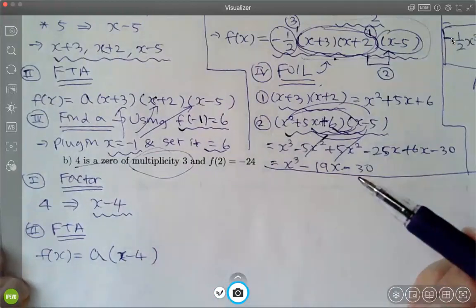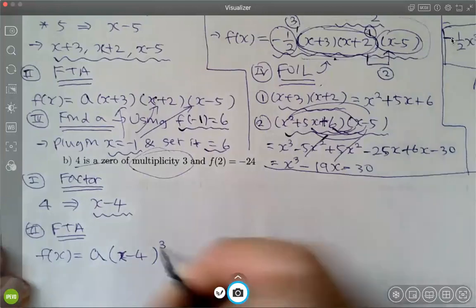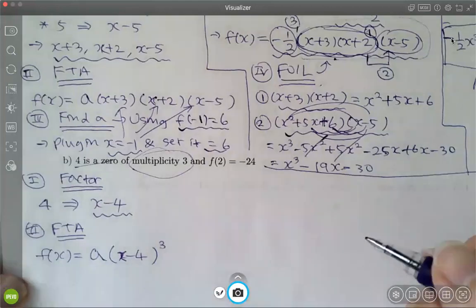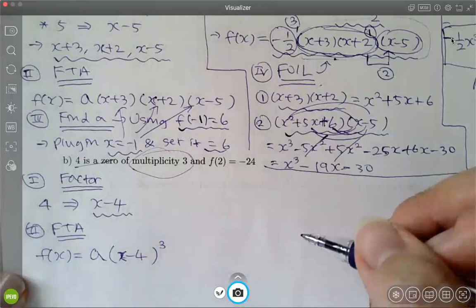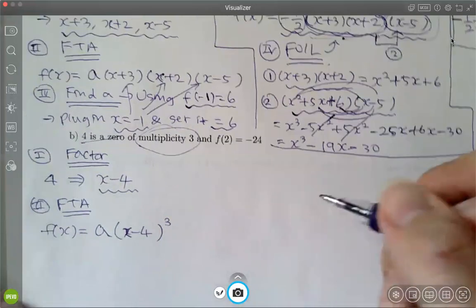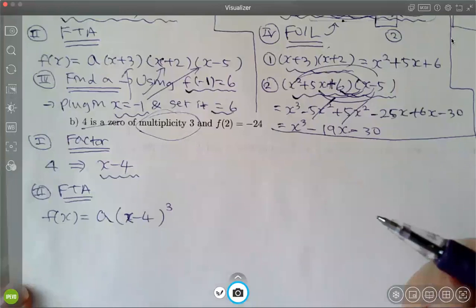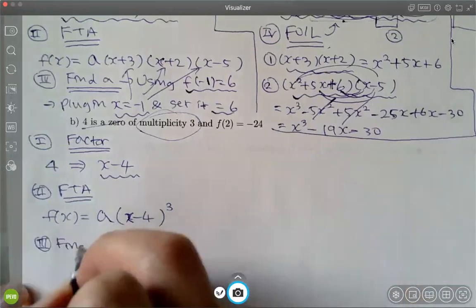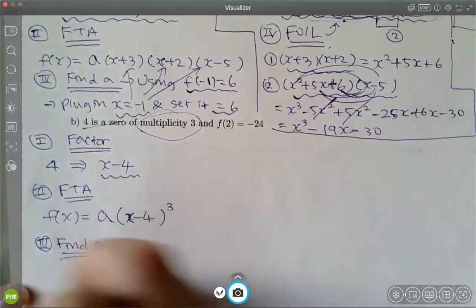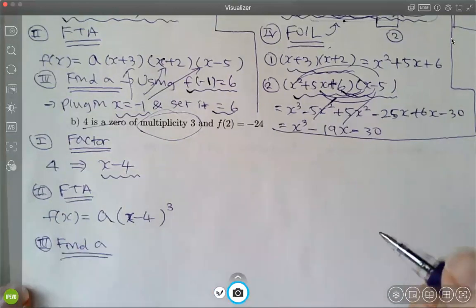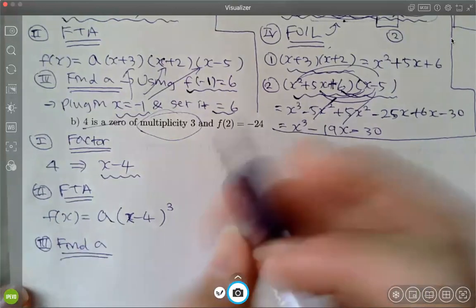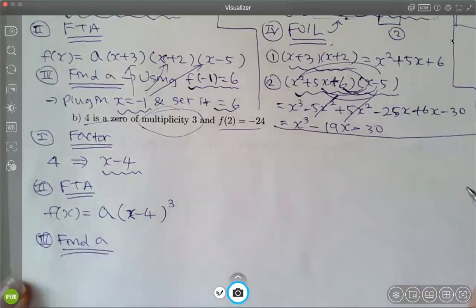So what does that mean? The exponent of x minus 4 has to be 3, right? Okay. And now, how do we find the leading coefficient a? Well, there's yet another piece of information that we haven't used, which is this one, right? F of 2 is equal to negative 24.